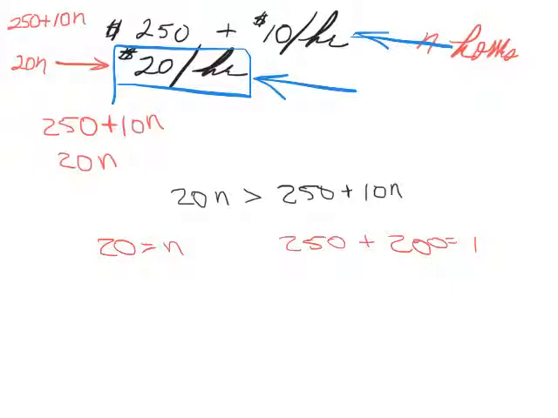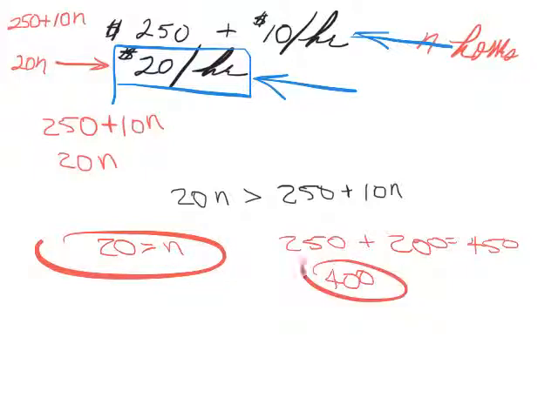So she'd make $450 if it took her 20 hours using the first plan. If she was doing 20 hours at $20 an hour, she'd make $400. So this plan right here for 20 hours is not the best plan. It becomes the best plan if it takes her over 25 hours. So that's the tipping point there.